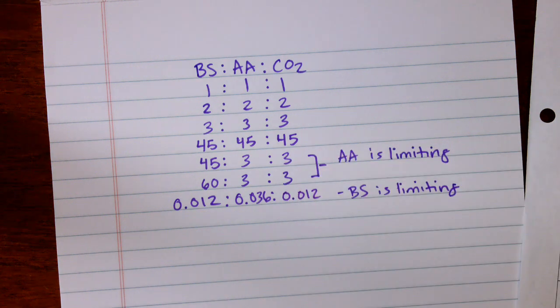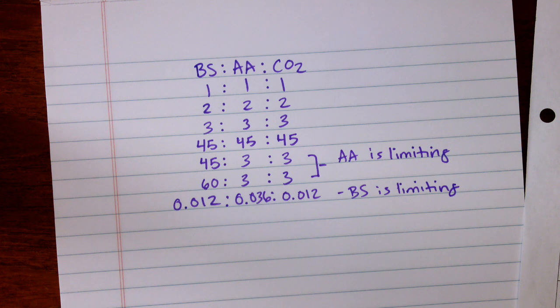Now the pattern that is here is whatever is the lower amount of moles, that is going to be your limiting, and that is going to dictate what our theoretical yield for carbon dioxide is. This is a unique situation where we have coefficients of 1 for all of the compounds that we are looking at. This is not a super common situation, okay?